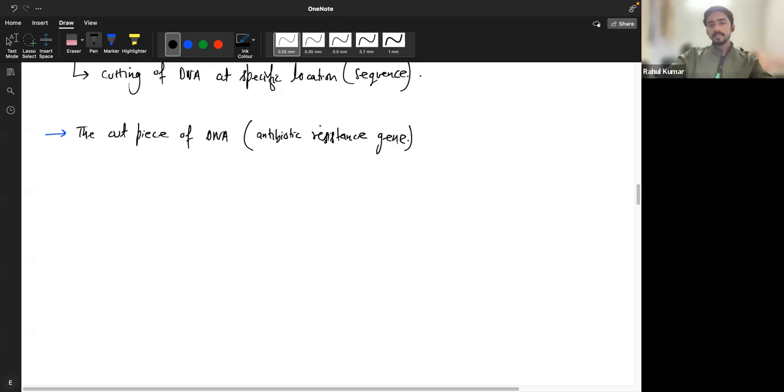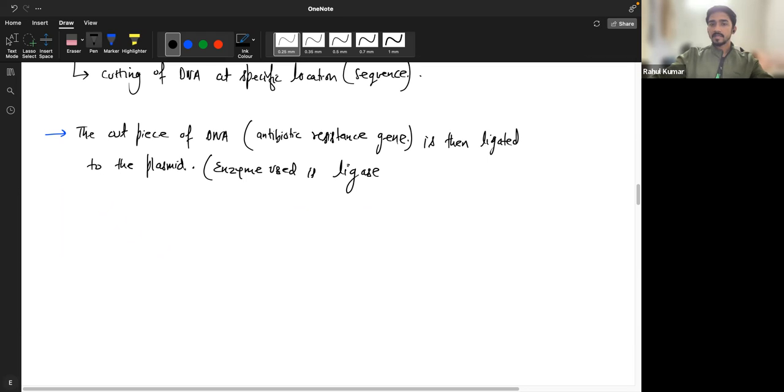So the cut piece of the DNA, which in this case is the antibiotic resistance gene, is then ligated, or attached, to the plasmid. The enzyme that helps in this is ligase. Remember DNA ligase in DNA replication, when Okazaki fragments were being created in the lagging strand?